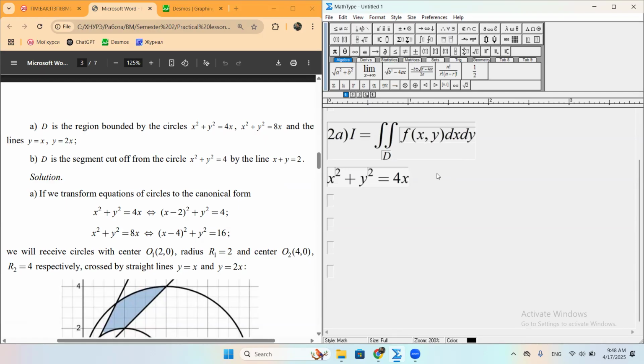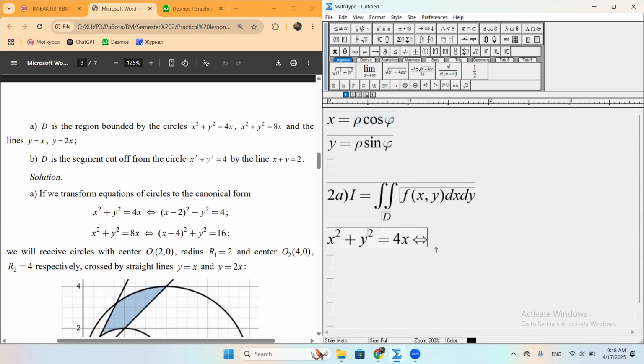So the first circle. Let's do the substitution: rho square cosine square of phi plus rho square sine square of phi equals 4 rho cosine of phi.